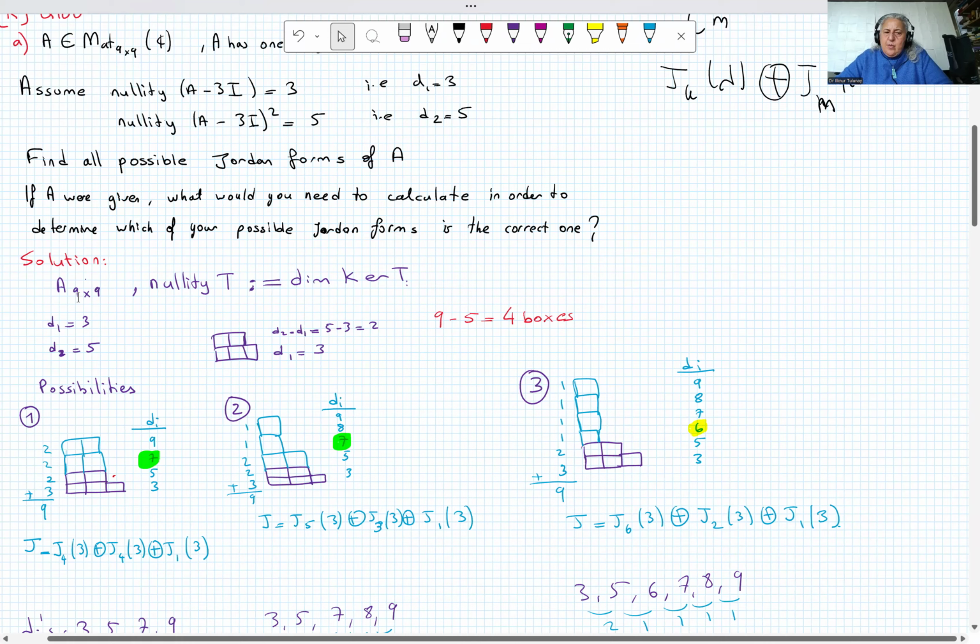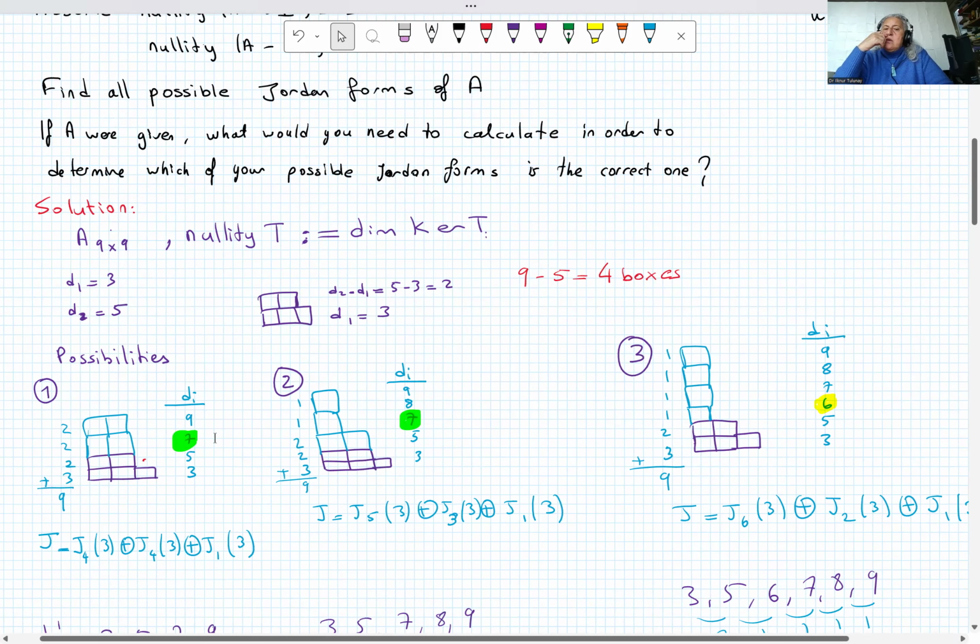I am left with 4 boxes behind. So among all the possible constructions based on this structure, I can put all these 4 boxes in this fashion, right? 2 by 2. That is one way to do it.